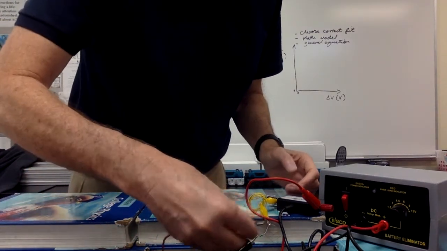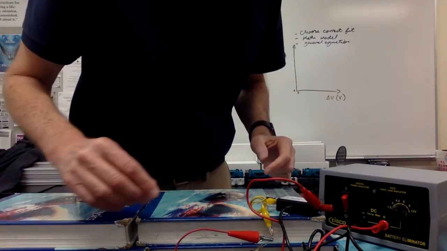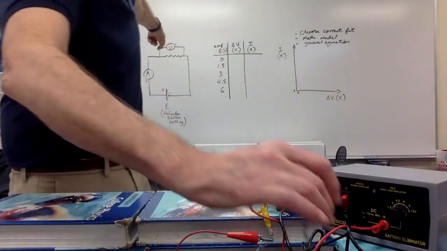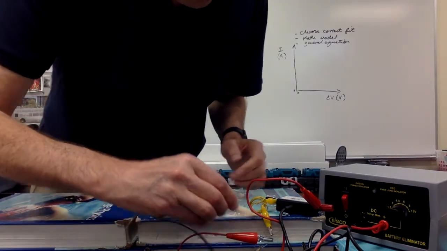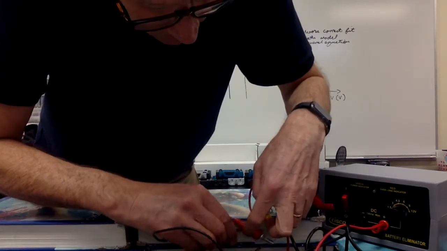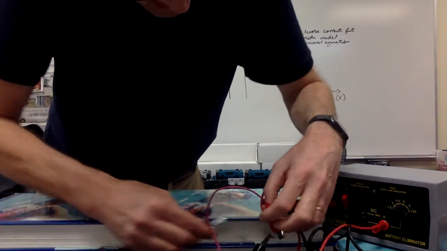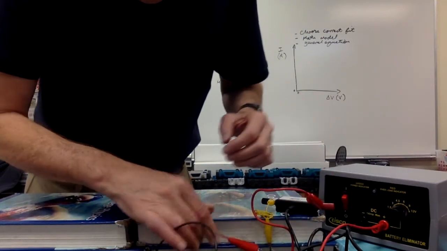I know this looks a little weird. When you're drawing your apparatus for the lab, just draw that. You do not have to draw this. This is just a mess. Let me remind you what I have here. I have this whole thing connected now.